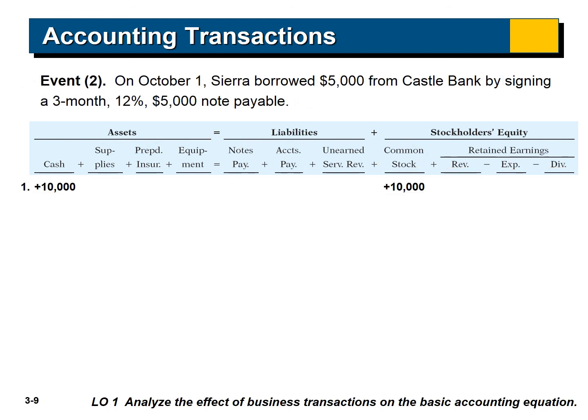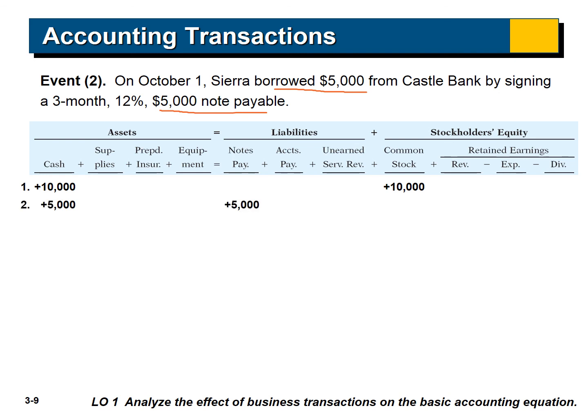Let's go to a different event. On October 1st, Sierra borrowed $5,000 from Castle Bank by signing a 3-month 12% $5,000 note payable. So what accounts are impacted? Well, borrowing money, that's cash that you're getting from the bank, but when you borrow the money, you have to pay it back, so that's a liability, notes payable, both of which go up.